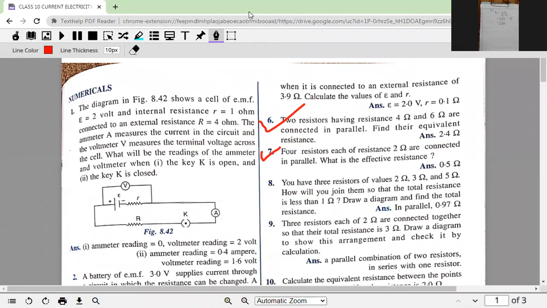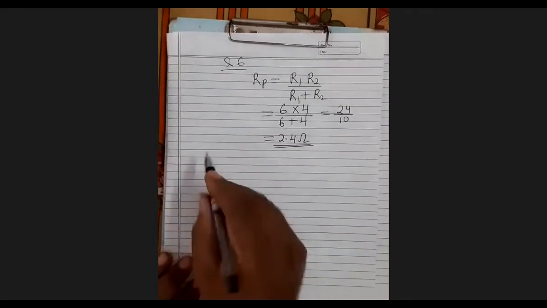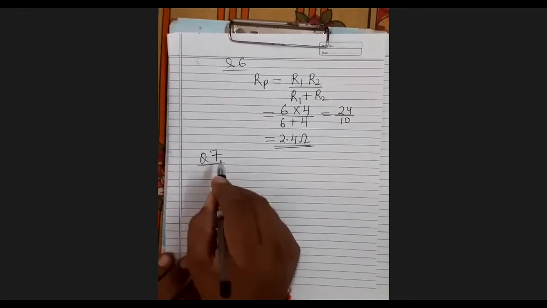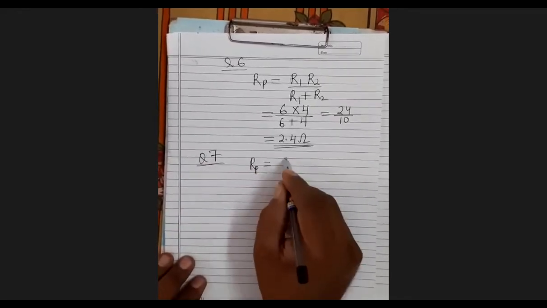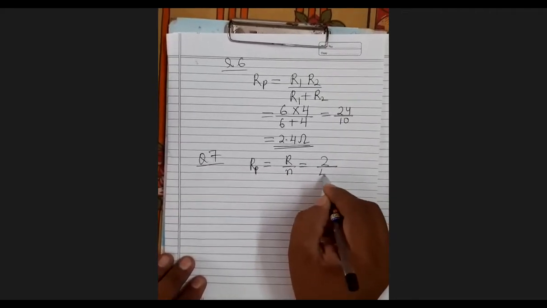R upon N. Question number 7. So Rp equals R upon N. R is given as 2 ohm and how many are there? 4.